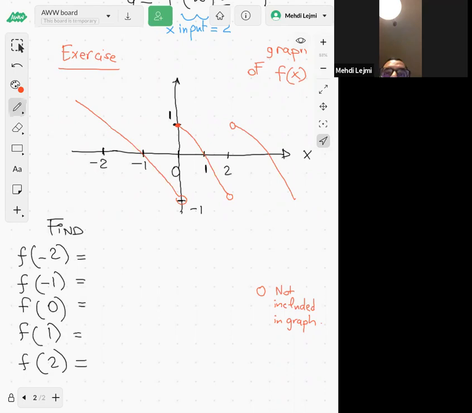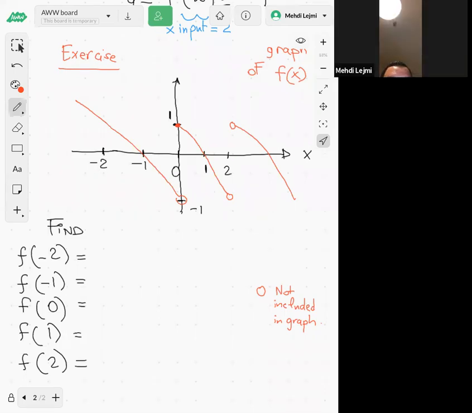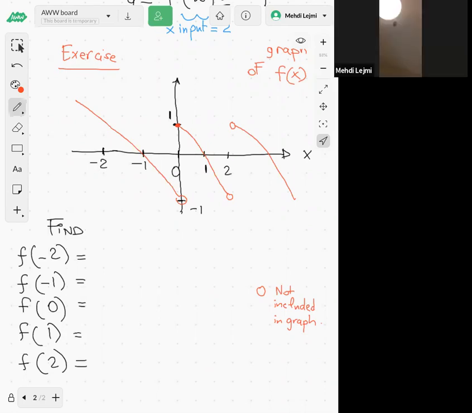f of 0, yes, Rabiul. And for the last one, f of positive 2, it could be 1 or -1, or it could be nothing, like undefined. So it's gonna be undefined, right?